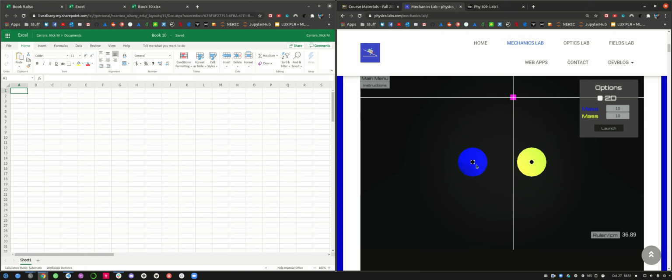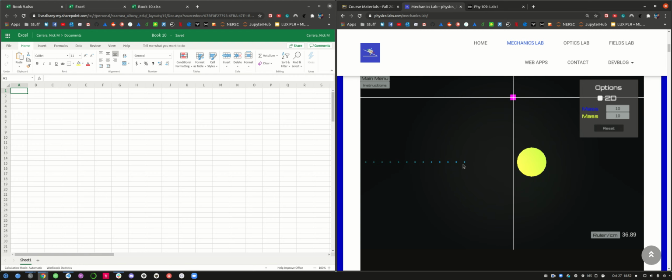You can adjust the mass of these two objects here. We'll be changing those throughout. And you can change the initial velocity of this guy by clicking on and pulling this black dot around. So for example, if I pull this to the left, minus 27.9, and I hit launch, this thing will fly off to the left with a speed of 27.9 centimeters per second.